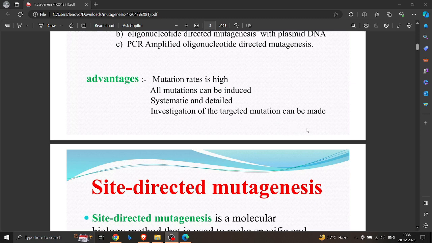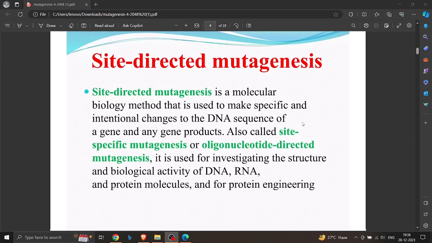can be made. Site directed mutagenesis is a molecular biology method that is used to make specific and intentional changes to the DNA sequence of a gene and any gene products.